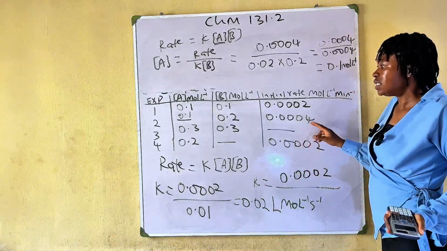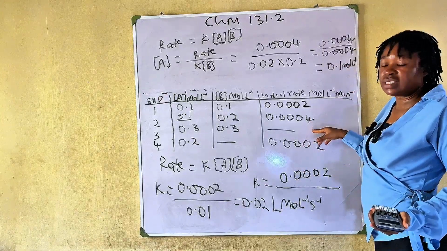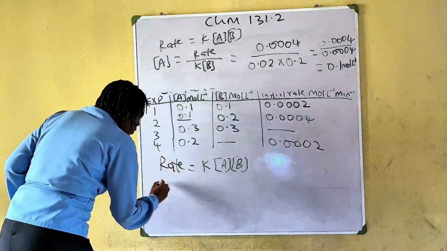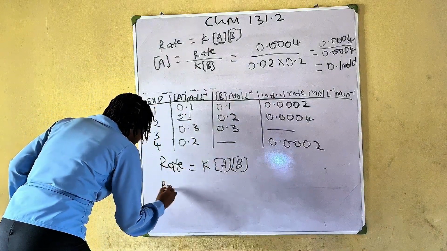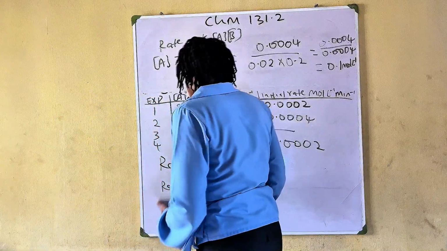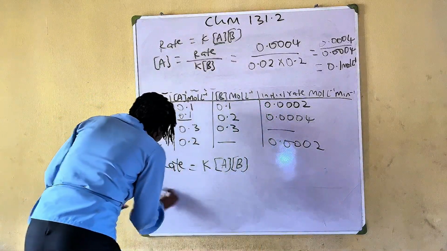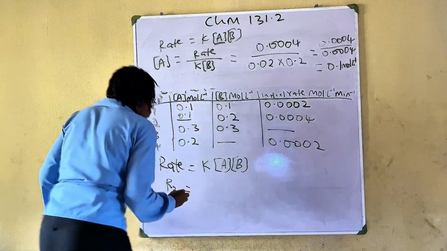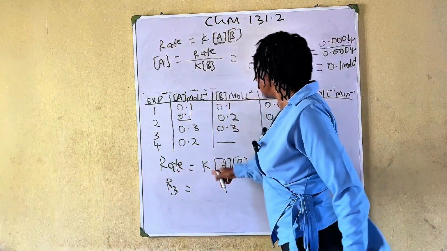So in this case, for experiment 3, we are looking for the rate. So the rate, let me call it R3, is equal to, what's the rate constant?